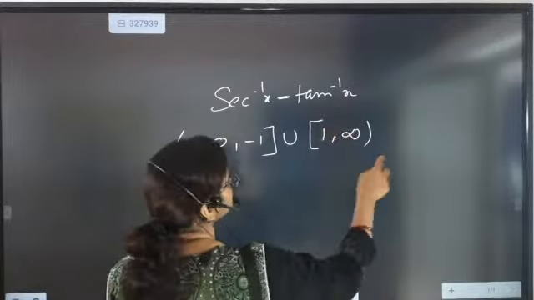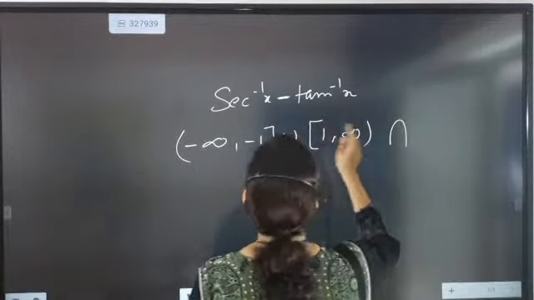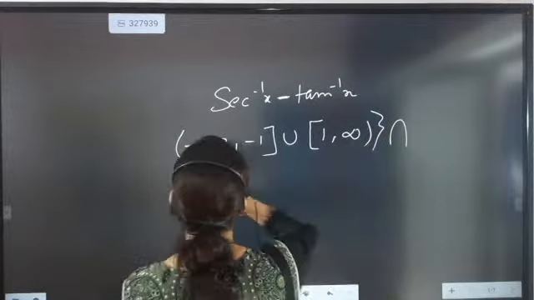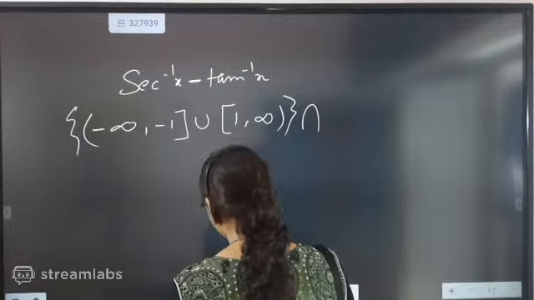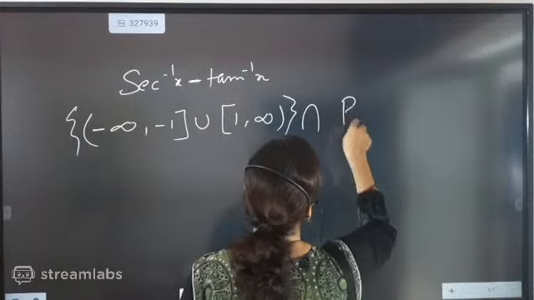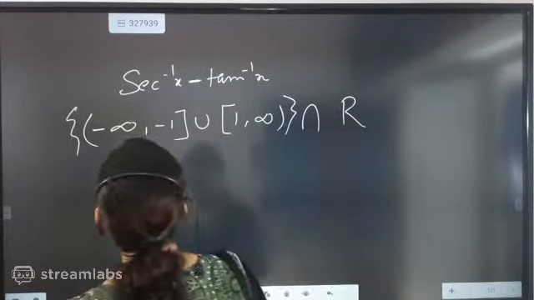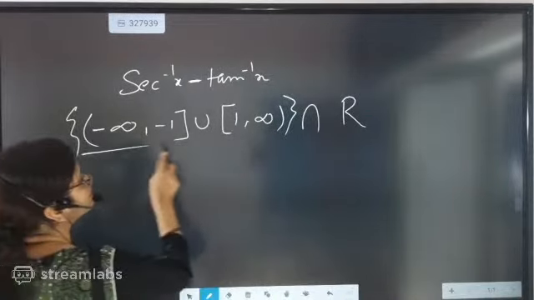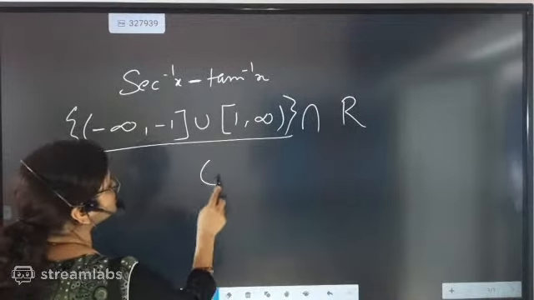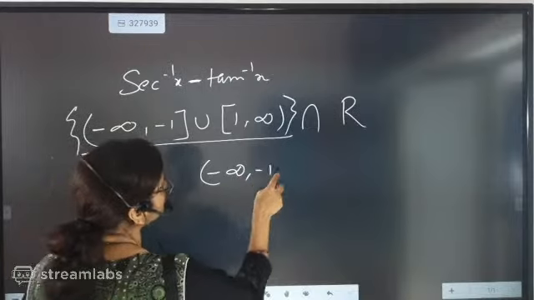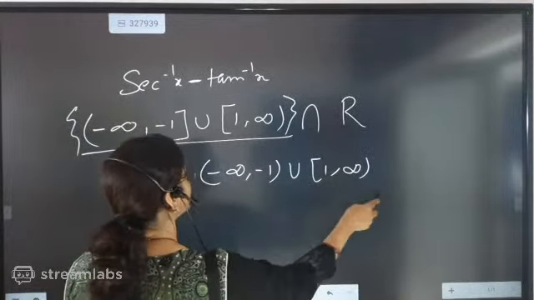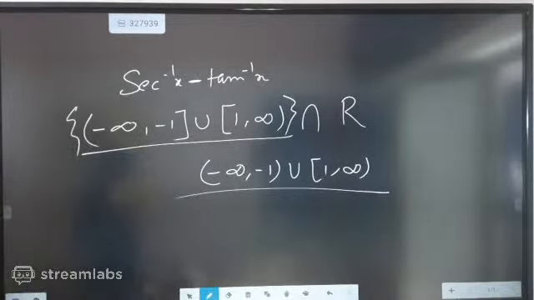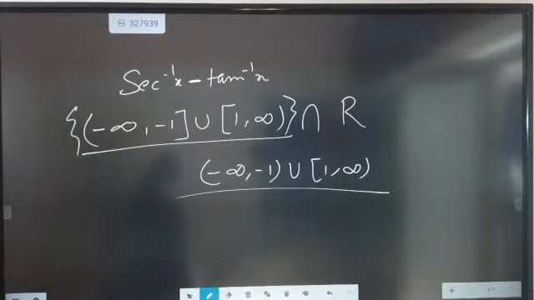But beta, tan inverse, the intersection with tan inverse. Tan inverse x domain is the set of real numbers. So definitely the real numbers are a big field, so this one will become our answer. So minus infinity to minus 1 union 1 to infinity will be the correct answer only, beta.